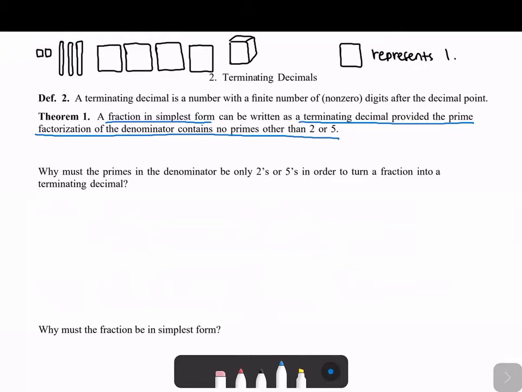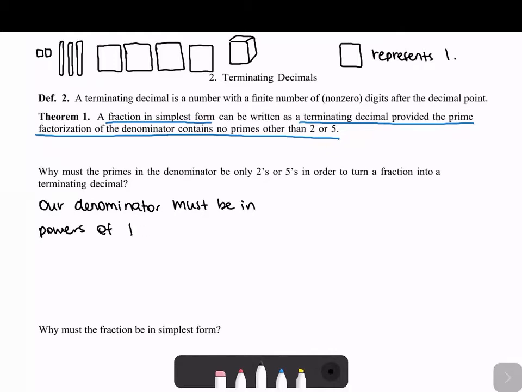You may look at this and say, why do I care about 2 and 5? Well, that is because our denominator must be in powers of 10, which is how we've defined decimals.